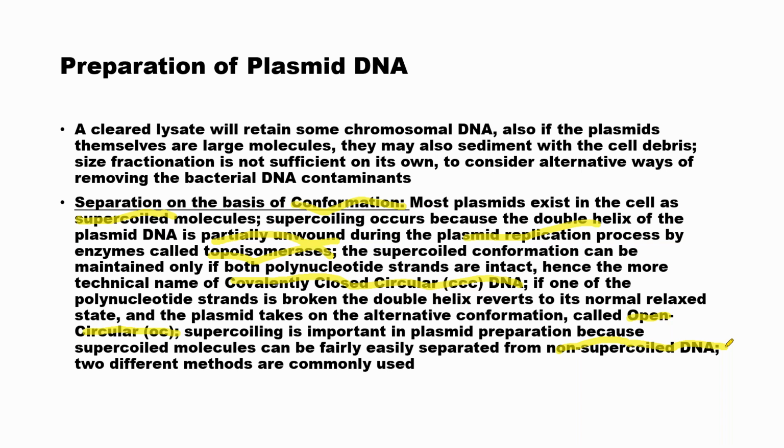On the basis of shape, we have already seen what we are doing. Now, on the basis of conformation, since plasmids are supercoiled molecules, it is very easy to separate supercoiled plasmids from non-supercoiled chromosomal DNA. For this we are using two different methods. Fine. So in the next slide you can see both.